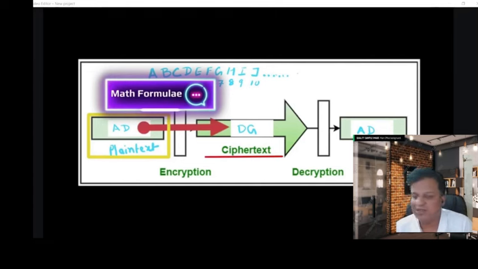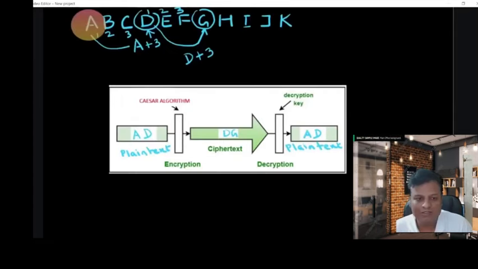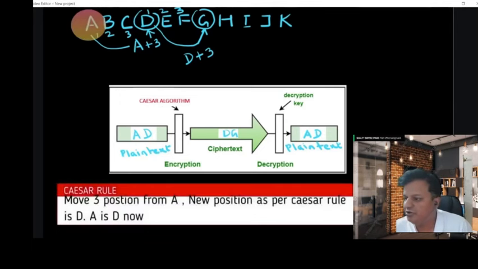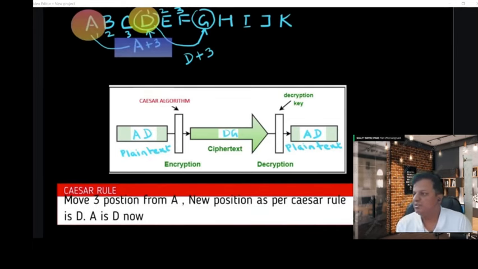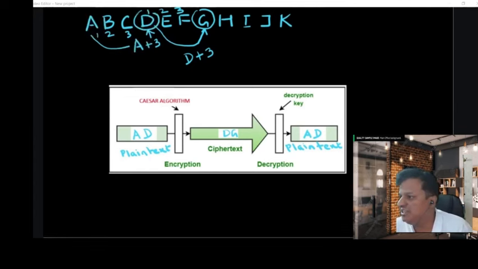The mathematical formula which I am saying is the Caesar algorithm. In the Caesar algorithm, the first A will be converted to 3 positions ahead. So it will come to D, right? So the first letter will be D in the ciphertext. Similarly, if we convert C, it will come to F. So DF is the new ciphertext using the mathematical formula.